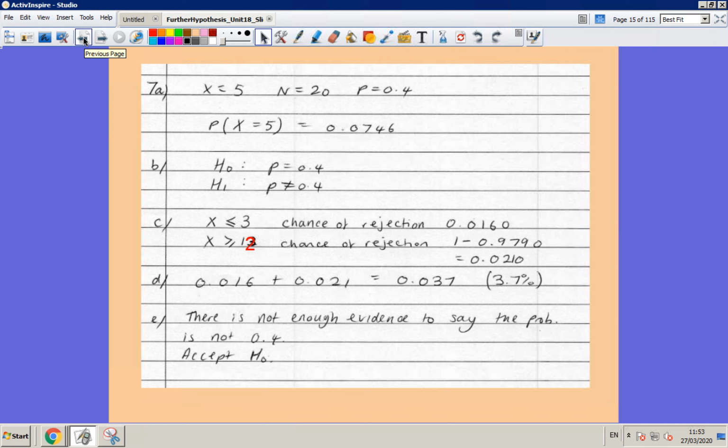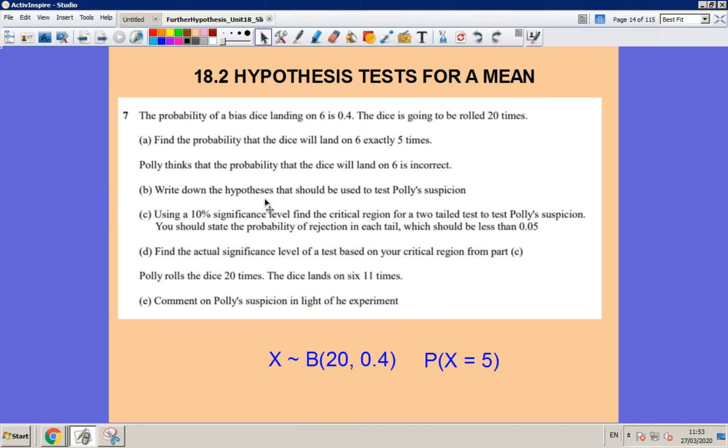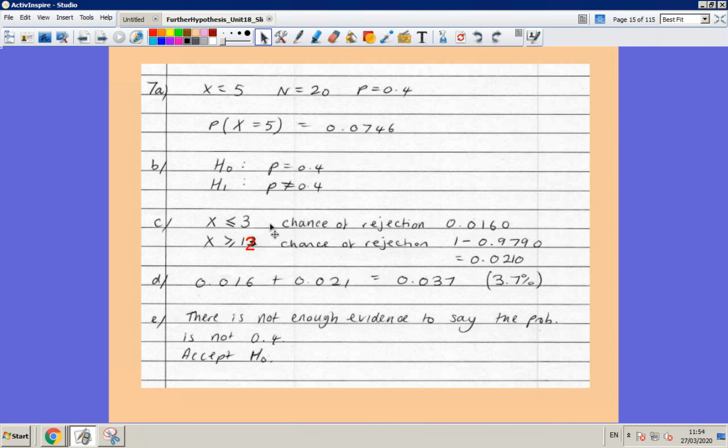Then the next question says that Polly thinks the probability that the dice will land on 6 is wrong. Write down the hypotheses we should use to test Polly's suspicion. So this is where we start using language that is also used for hypothesis testing in the normal distribution.